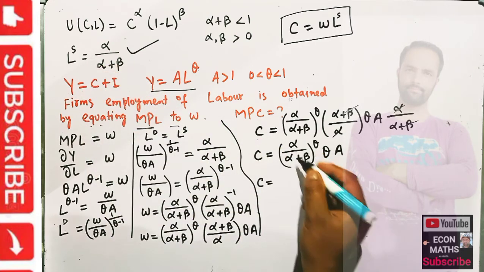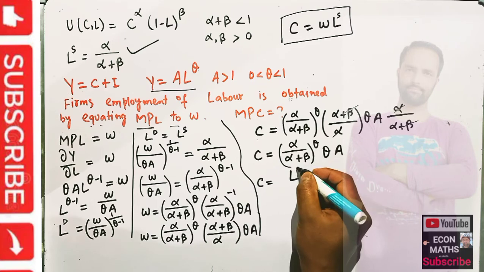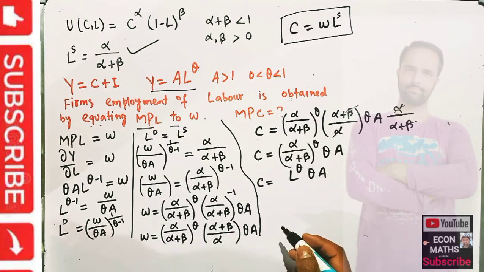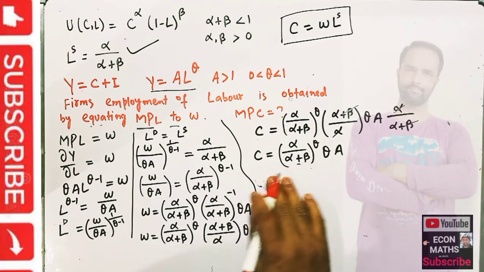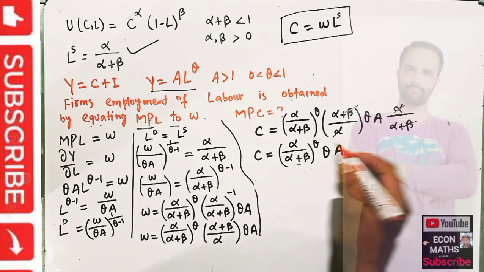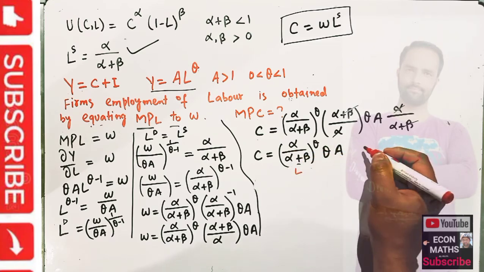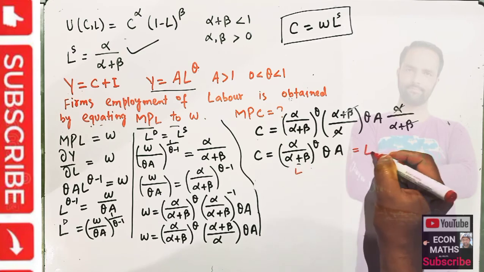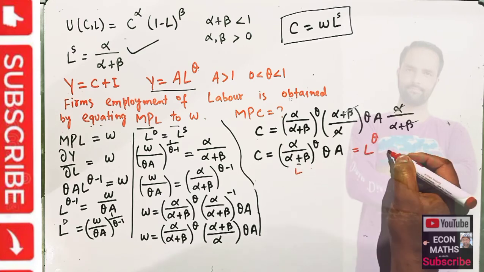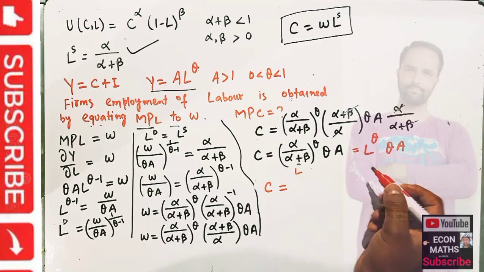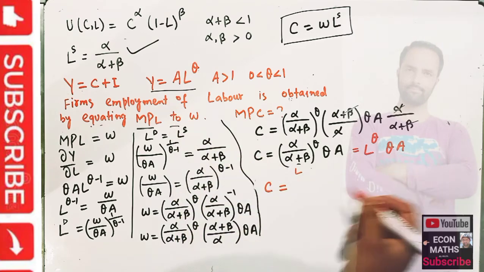So in place of this I can write L to the power theta, then we have theta times A. Okay, so let us rewrite it.